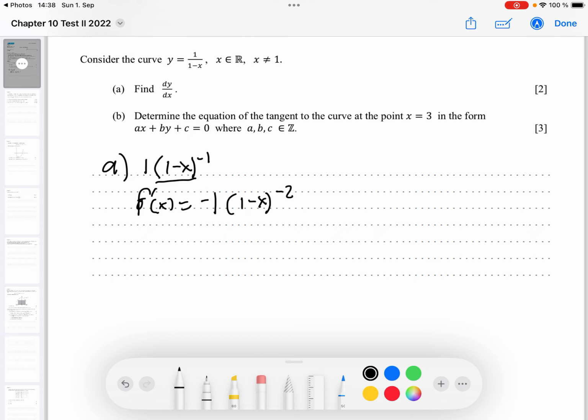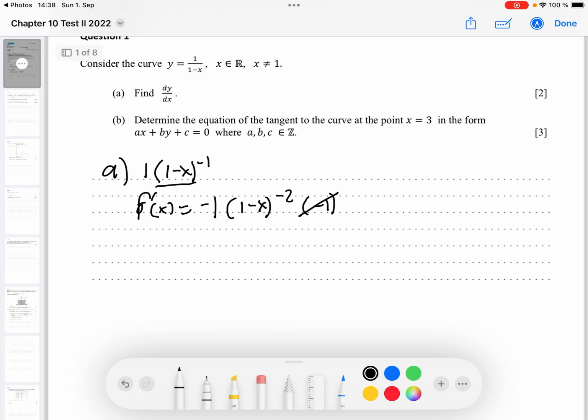And then using the chain rule, we multiply by the inner function's derivative, which in this case would simply be negative 1. And these negative ones cancel off, leaving us with 1 over (1 minus x) squared.